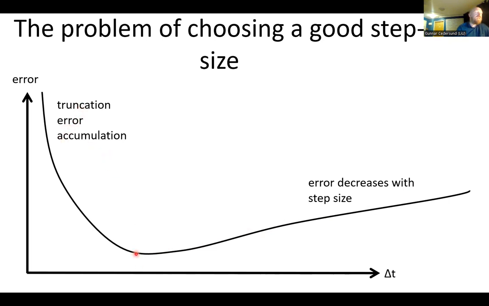And that has to do with error accumulation. If you take really, really small steps, then the change in x will be very, very small. It might not be in the first or second digit, but maybe in the 15th or 20th digit. And if you have such small changes in x, then you have a problem that in numerics, you only have a number with 15 digits. So you don't know exactly what it is.